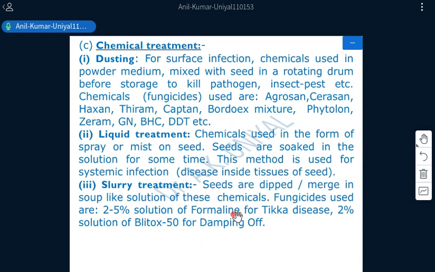Then we have the next category, that is chemical treatment, where chemicals are used in different forms actually. These may be used in the form of dust, in the form of liquid solution, in the form of slurry treatment, sometimes in the form of sprays also. Okay, dusting is for surface infection, with chemicals used in a powder medium.